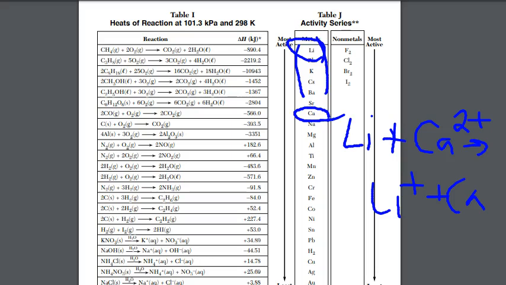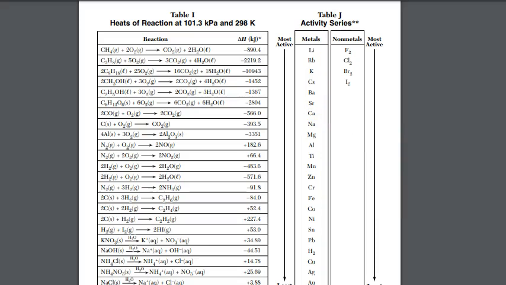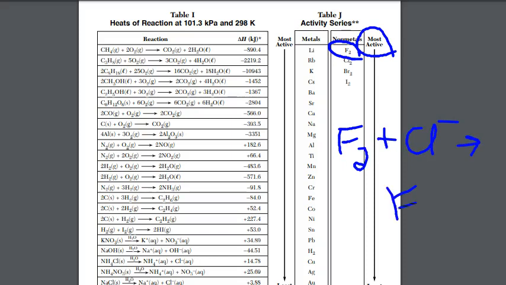And that same principle works on the nonmetal side. Fluorine is the most active nonmetal. So any of the other nonmetals below fluorine, so chloride, bromide, and iodide, if they're in solution and I put fluorine in a solution with those ions, fluorine will form the fluoride ion and force chlorine out.